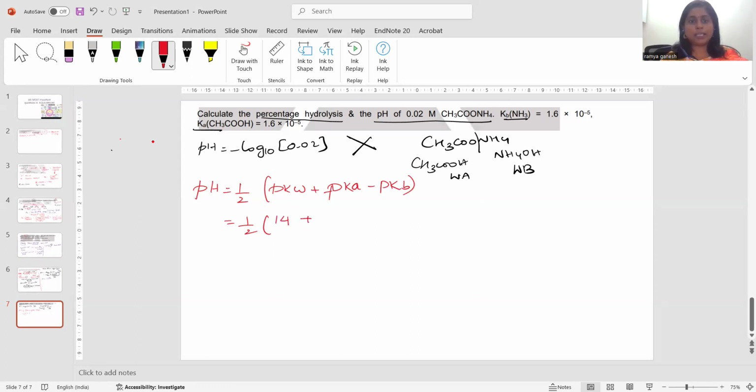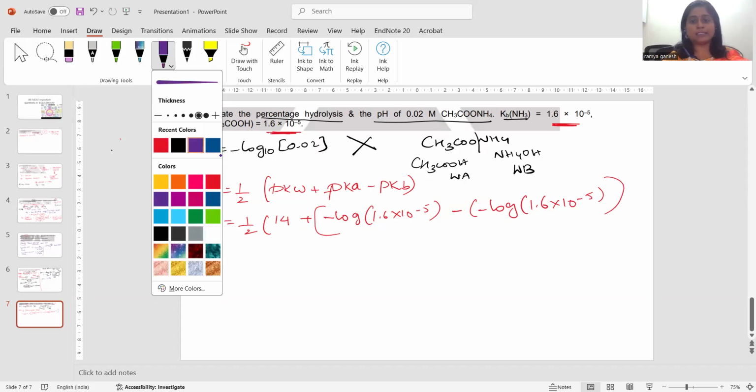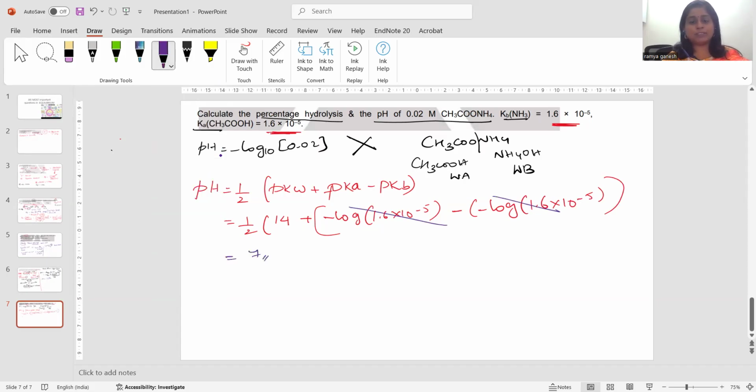Ka and Kb are the same, so minus log of 1.6 into 10 power minus 5 minus minus log of 1.6 into 10 power minus 5 will get cancelled. So pH will be 7.